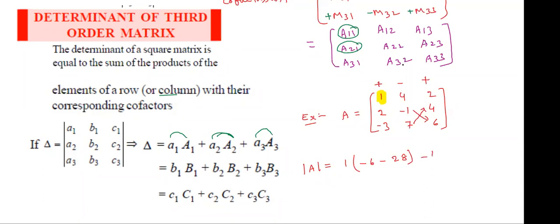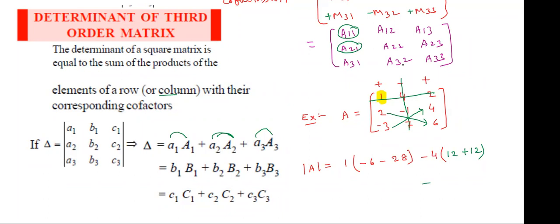Next, minus 4 into, in place of 4 write the plus symbol, and for the remaining elements do the determinant like this. 2 sixes are 12 minus 3 into 4 minus 12, that is plus 12.